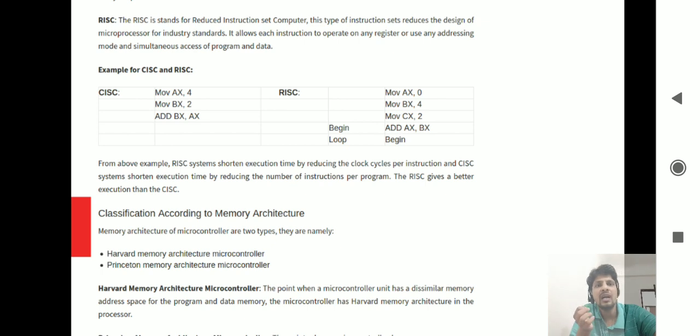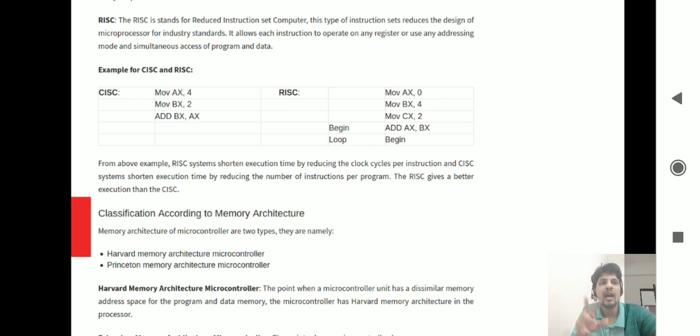When we talk about the Harvard memory architecture microcontroller, this type of microcontroller unit has a dissimilar memory address space for program memory and data memory. So there is no similar port.